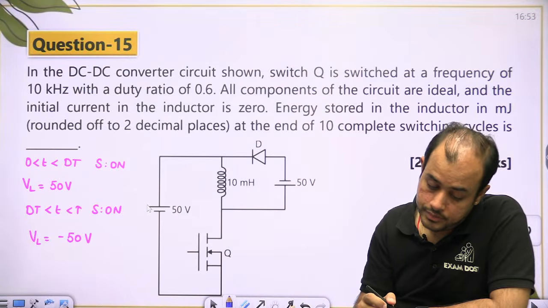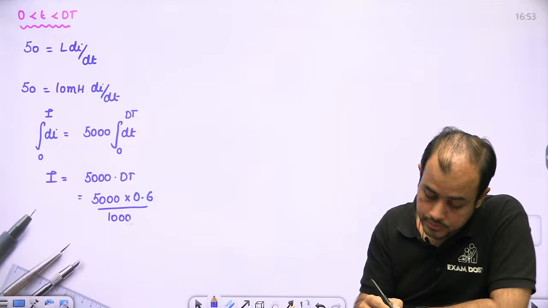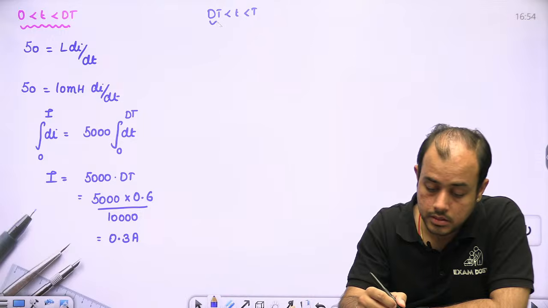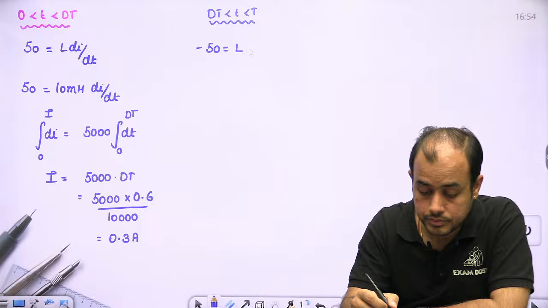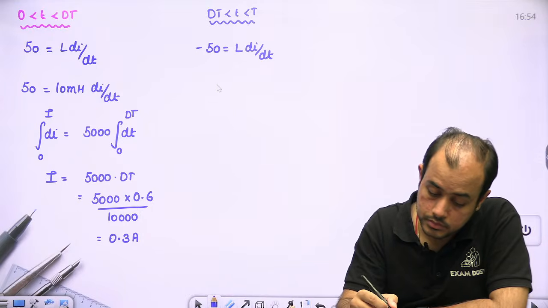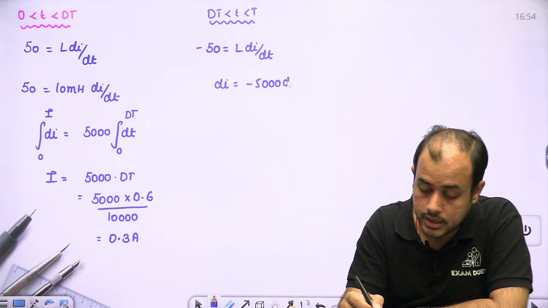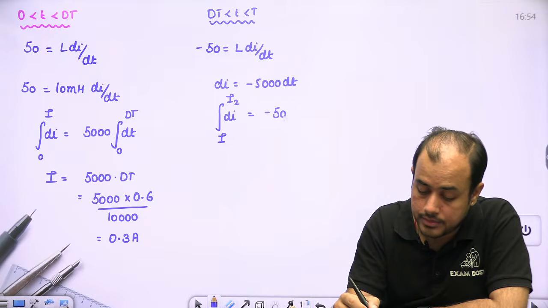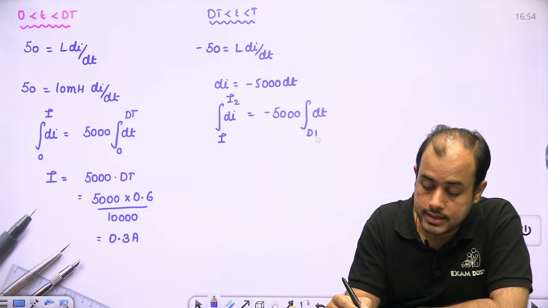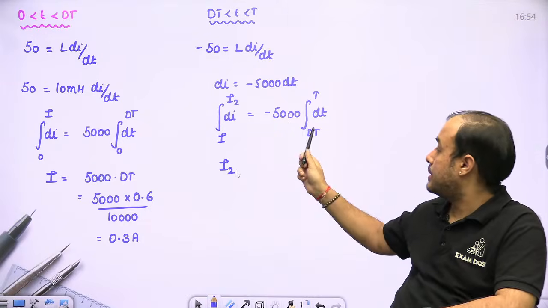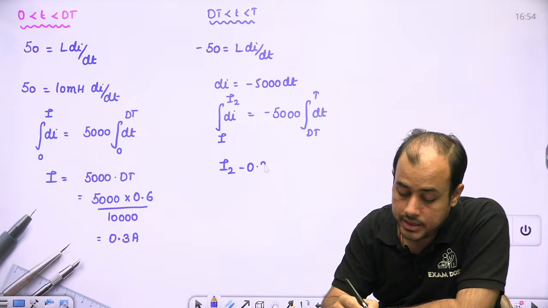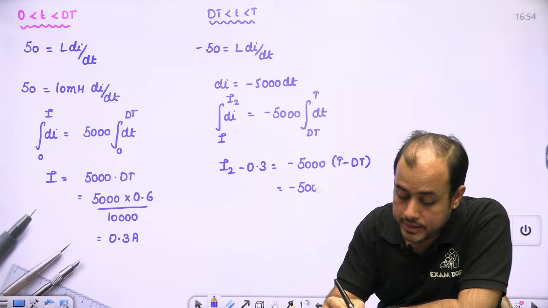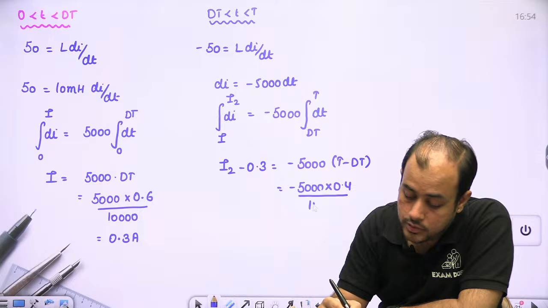C is 1 by F. Now beta, I want to understand what is the current at the end of one switching cycle. एक साइकिल के अंत में कितना करंट आएगा? तो at time dT my current was I. So it is T minus dT. D is 0.6, so 0.4 by F. T is 1 by F.